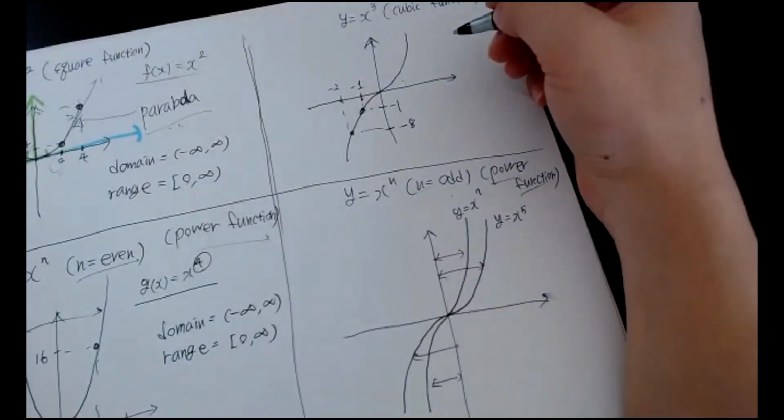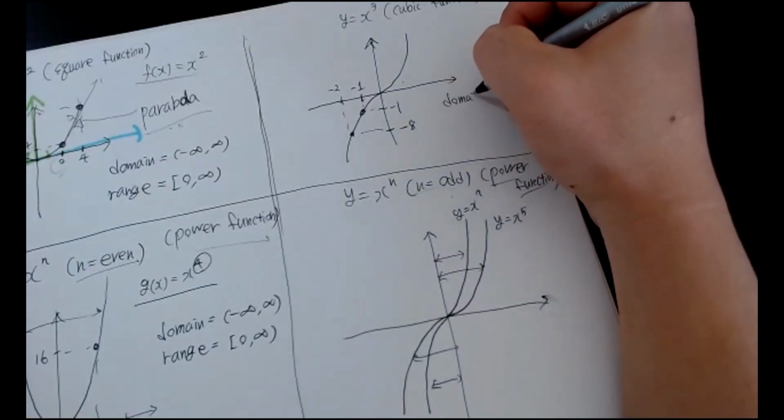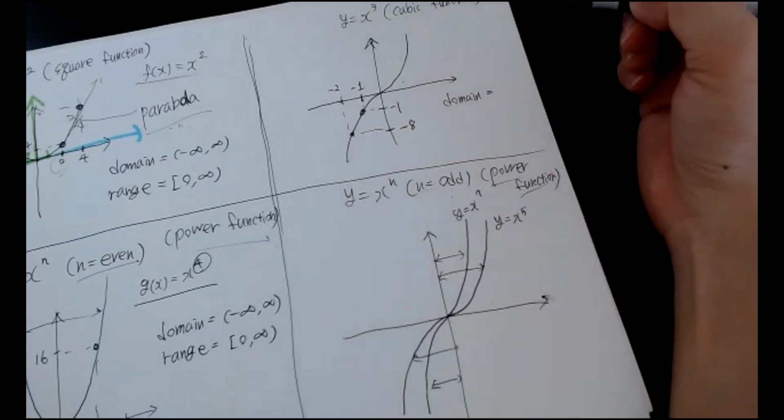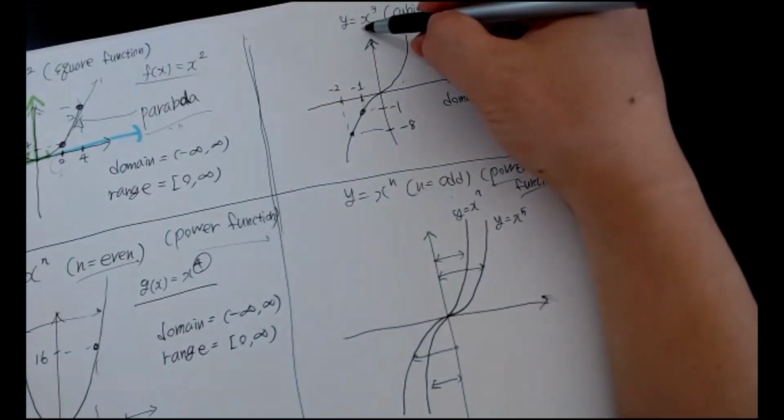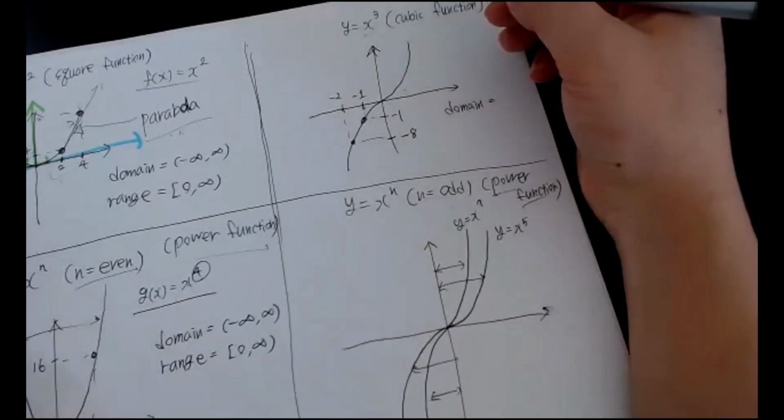Now let's see, the domain here is negative infinity to infinity, right? Because x can be any real number. There is no restriction.